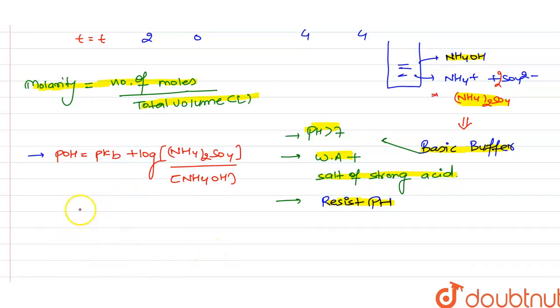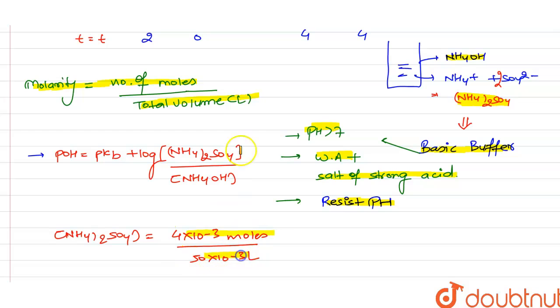First we find the concentration of (NH4)2SO4. We have 4 millimoles, that is 4 multiplied by 10 to the power minus 3 moles, upon 50 multiplied by 10 to the power minus 3 liters, because 1 liter is equal to 1000 ml.